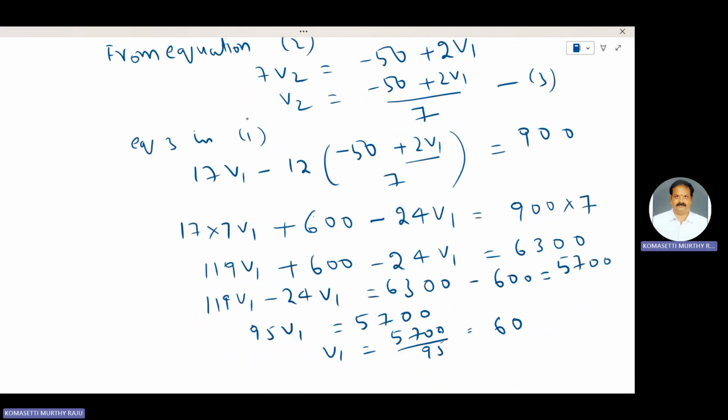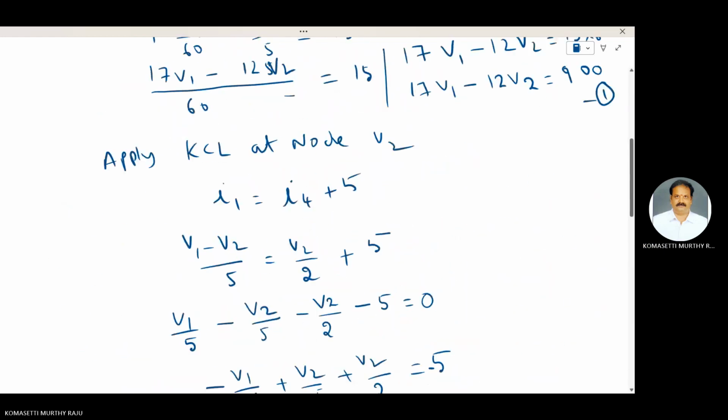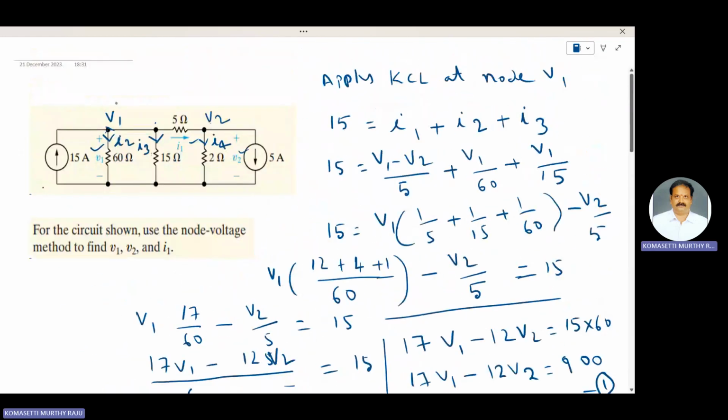Therefore, V2 is equal to (minus 50 plus 2 into 60) by 7, that is 70 by 7, which is equal to 10. Here V1 is equal to 60 and V2 is equal to 10.